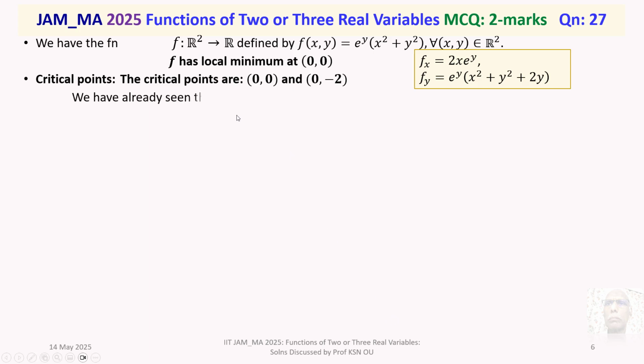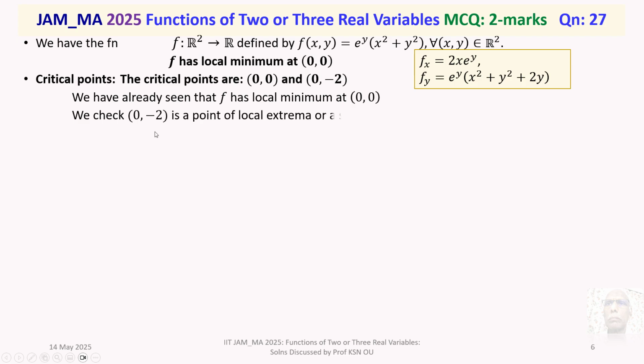We have already seen that f has a local minimum at 0 comma 0. Now we need to check the local extrema, or the saddle point, at the point 0 comma minus 2. So for all these things we have to calculate the second order partial derivatives.